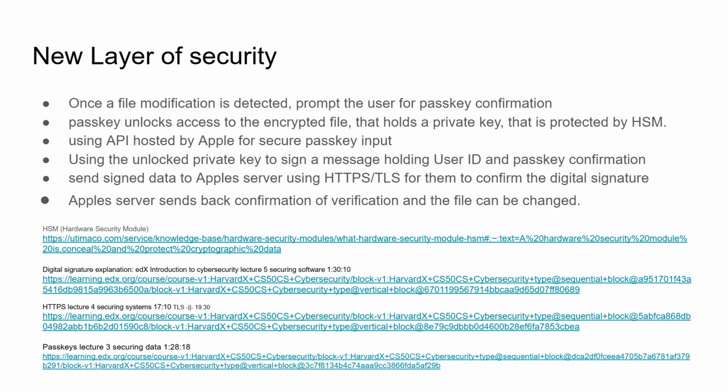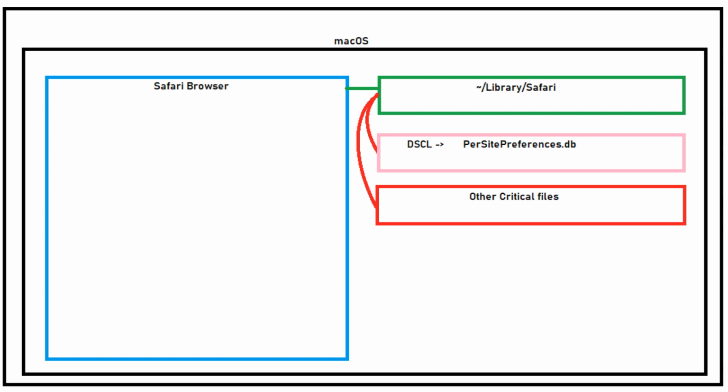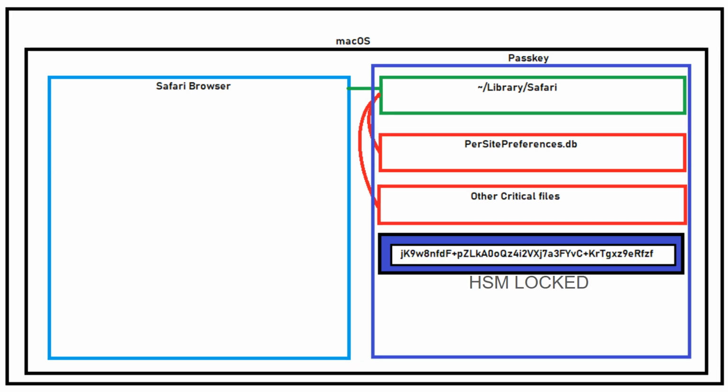If we look at the macOS again, so if they already have bypassed the TCC, maybe we could say that once a modification of a critical file is detected, the user would be prompted for a passkey. So the information in the library would be protected by a passkey.